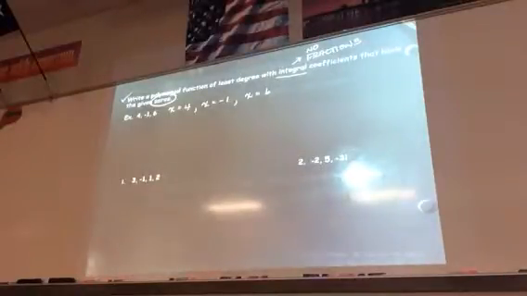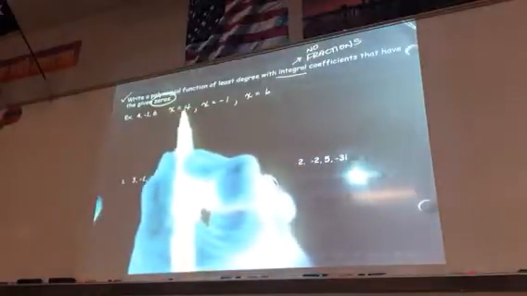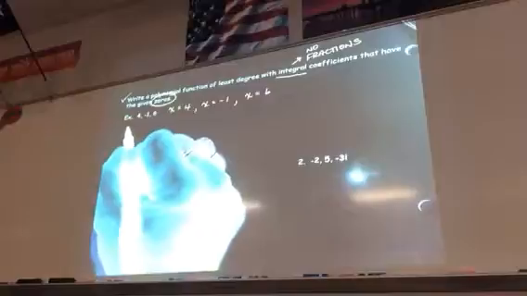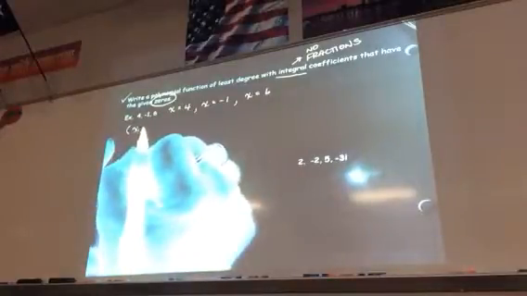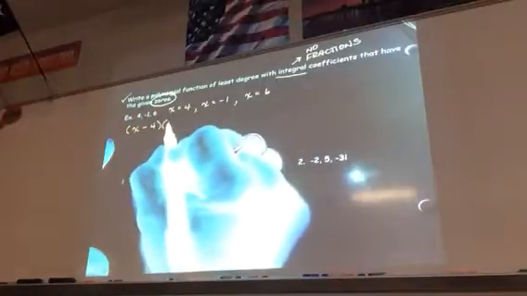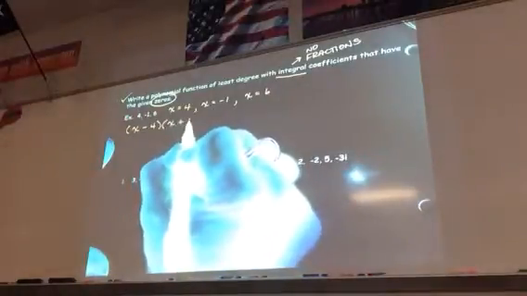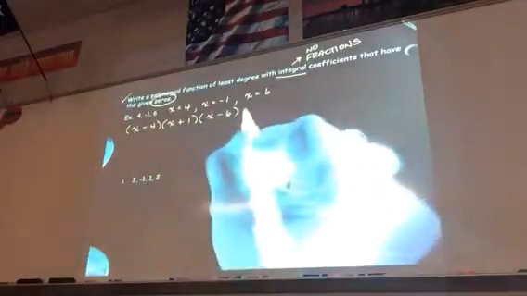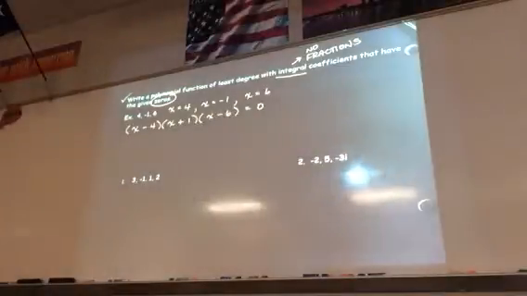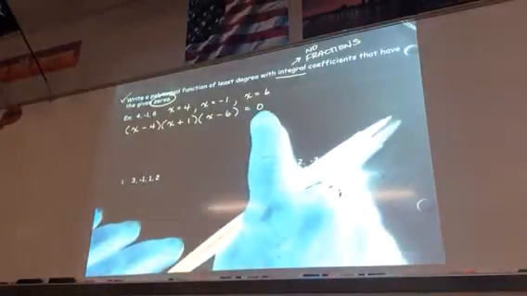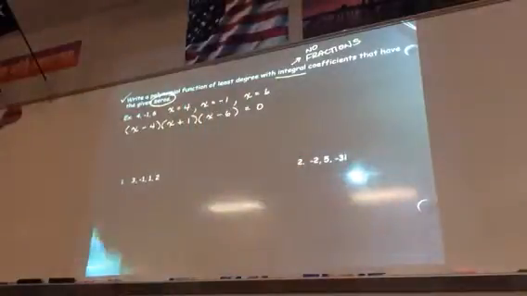Well, we can do this. Let's set each of these equal to 0 and create factors. So here I would have factor x minus 4, factor x plus 1, and factor x minus 6, equal to 0 because y equals 0 when x equals these numbers.